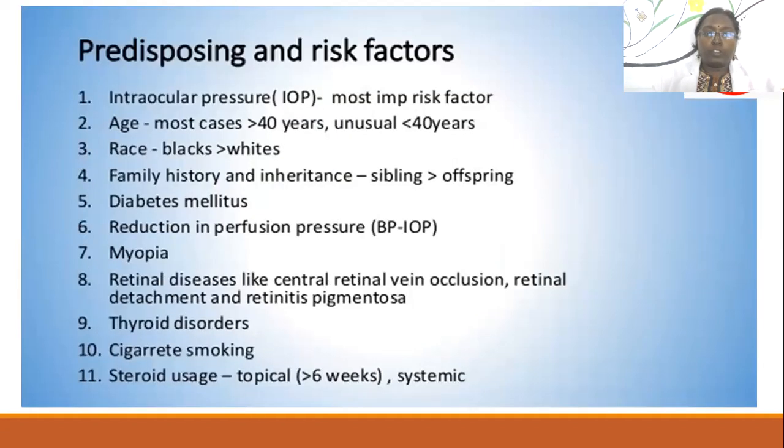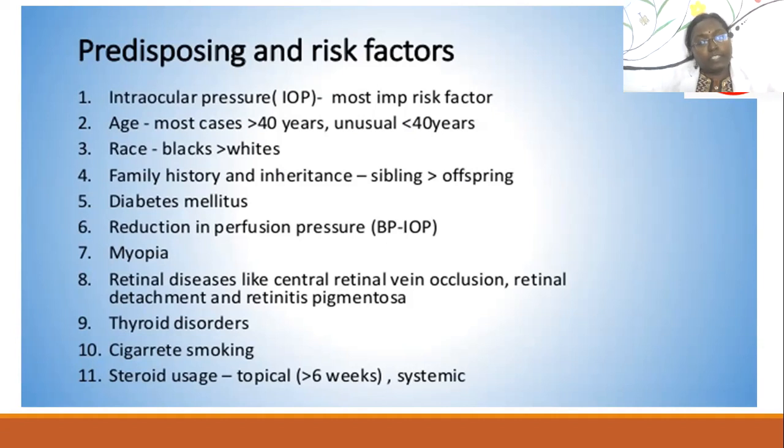The predisposing factors, risk factors for open angle glaucoma include age more than 40 years, race, blacks more than whites, family history and inheritance. So if a sibling is having glaucoma, then you're likely to get glaucoma.